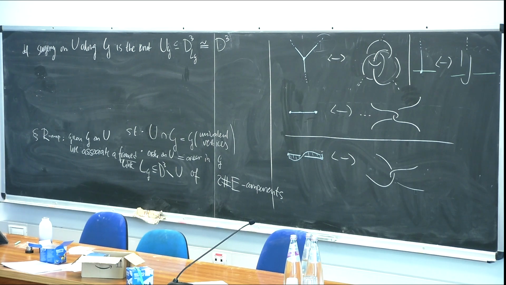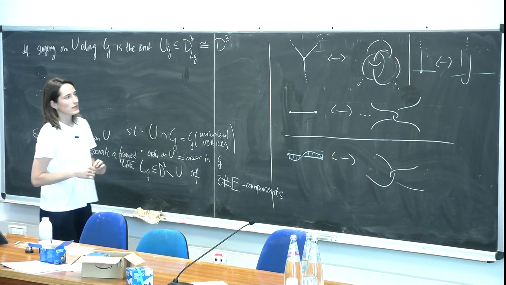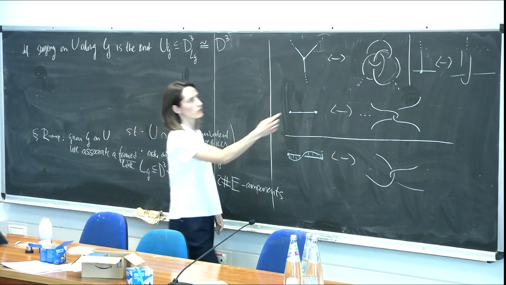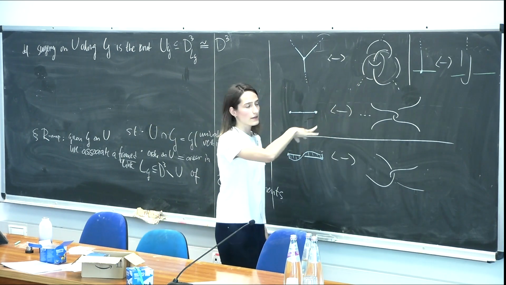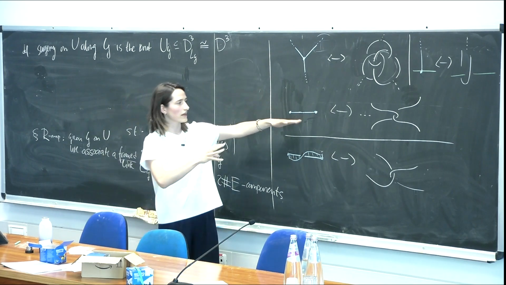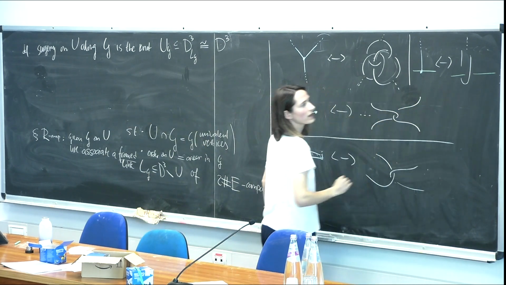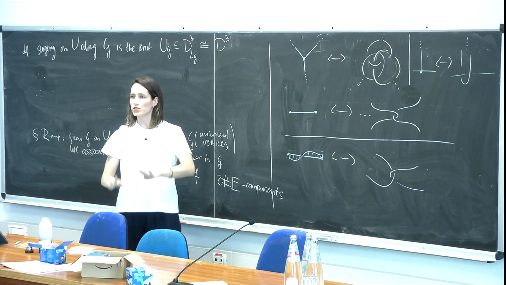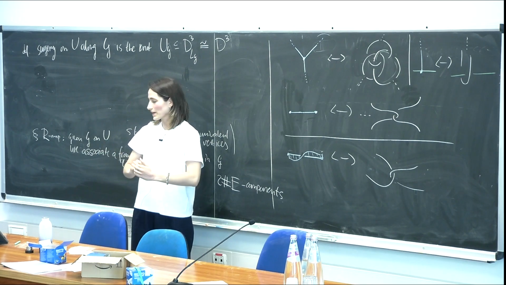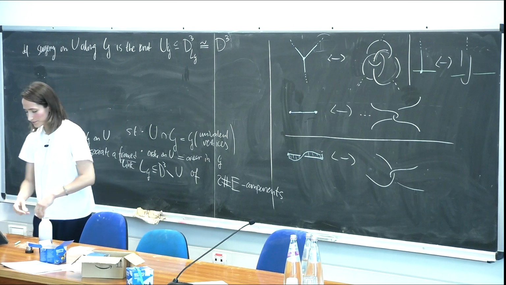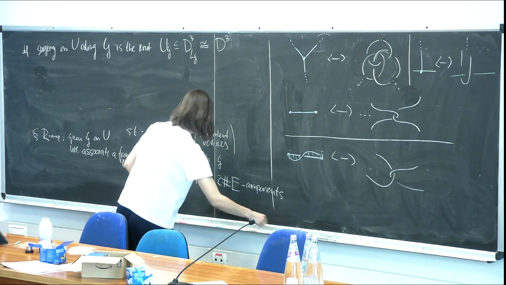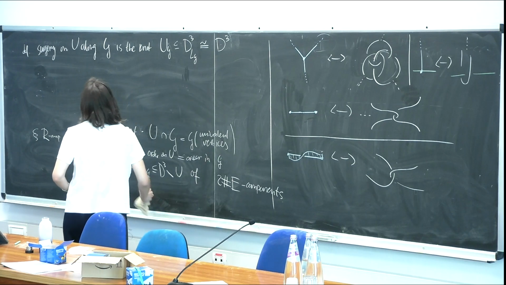But it will turn out that this link is made out of a bunch of unknots, and many of them have 0 framing. We'll make sure that these components have 0 framing. And so when you do surgery, you're really getting back the same manifold. You're not changing the manifold. But what that means in practice is the following. Let me show you how it looks on an example.